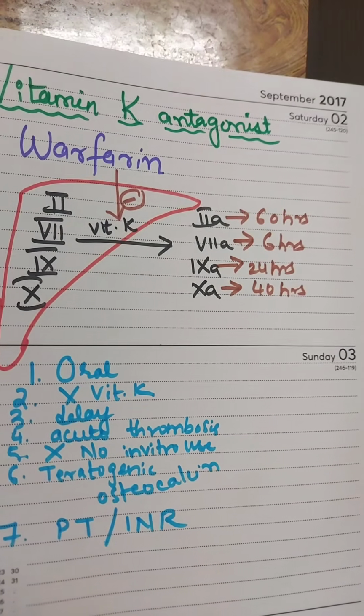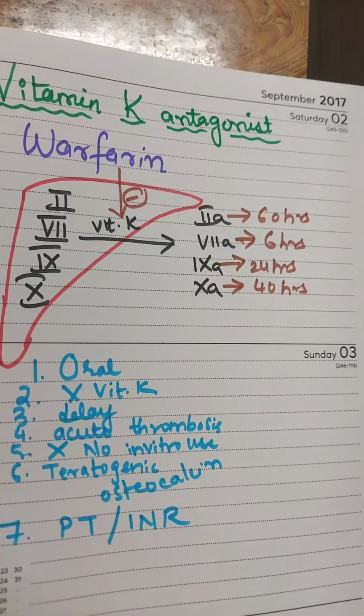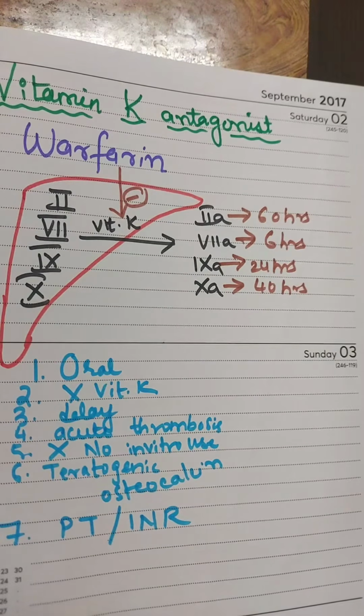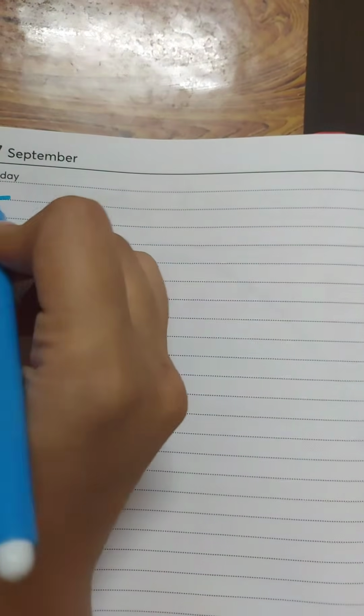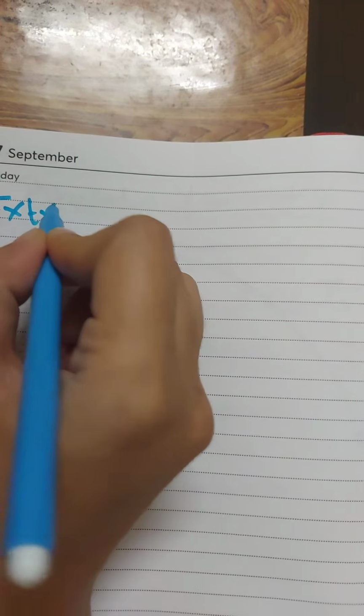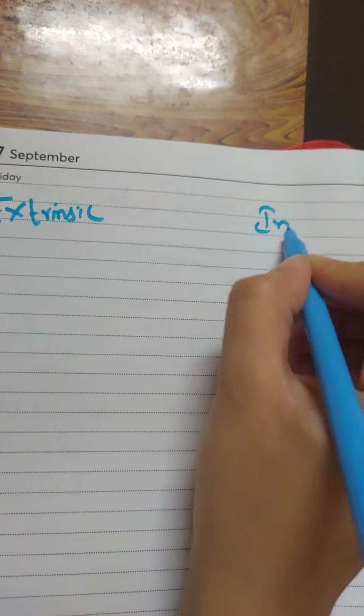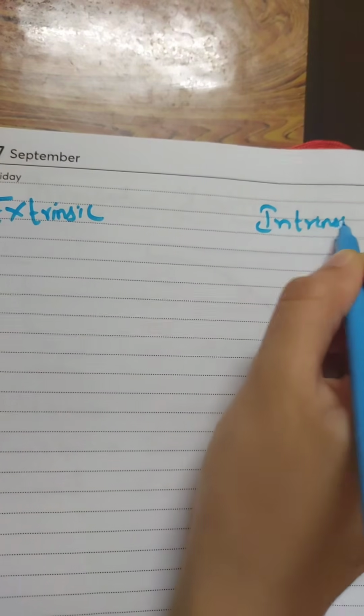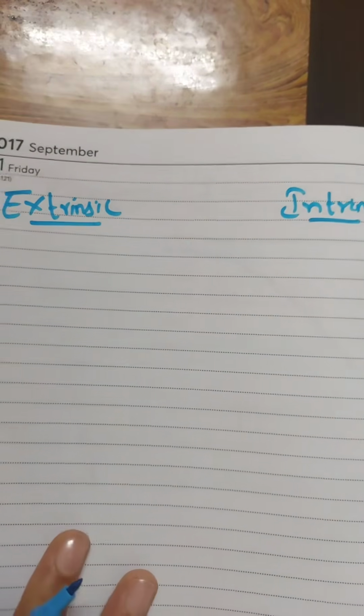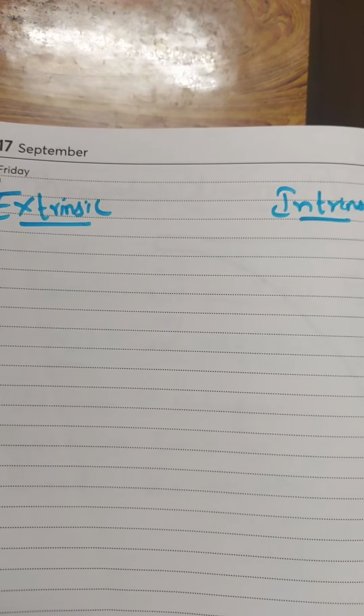We have two types of clotting pathways, that is the extrinsic pathway and the intrinsic pathway, for blood coagulation, isn't it?